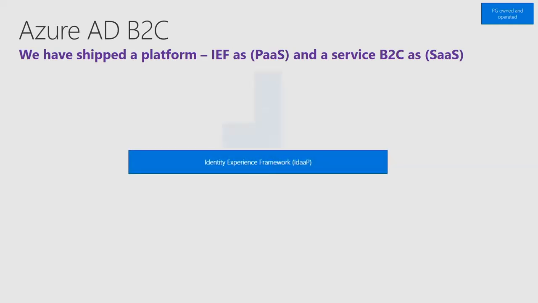So to be clear, we've provided a platform called the Identity Experience Framework, and on top of this platform is B2C. This might seem a little confusing, but over time it'll clear up because we have a session on Identity Experience Framework a little later. But right now, we're going to talk about B2C specifically.